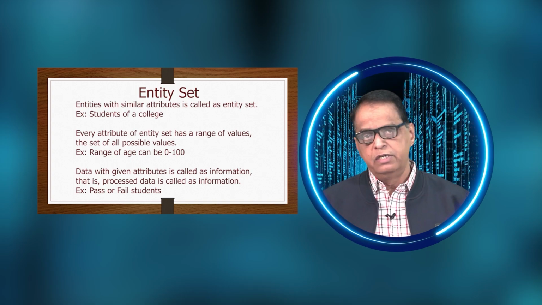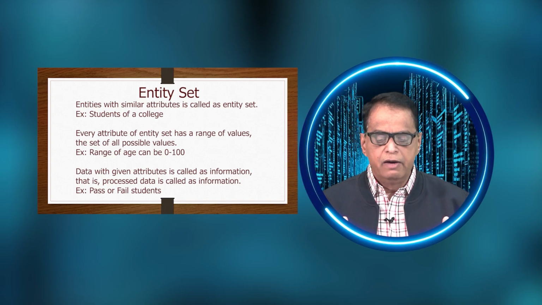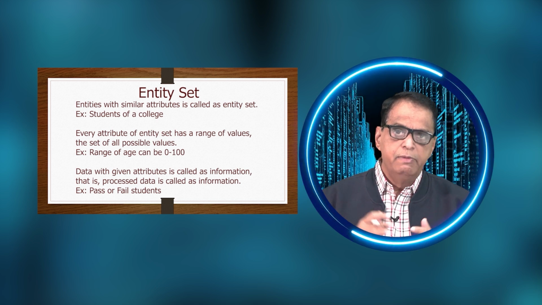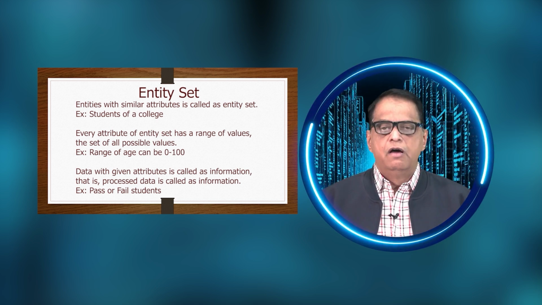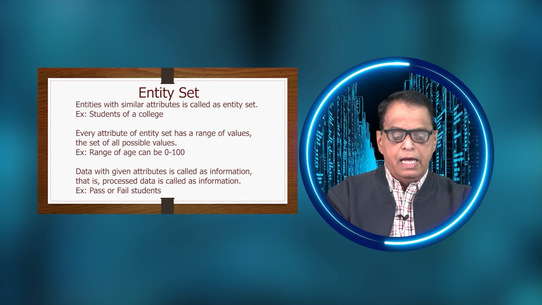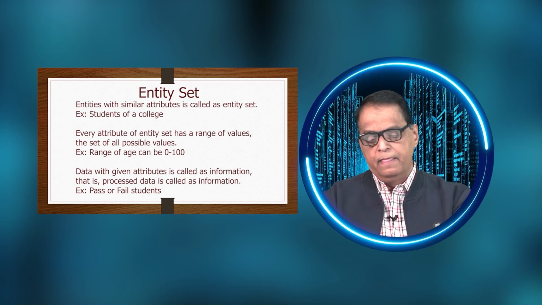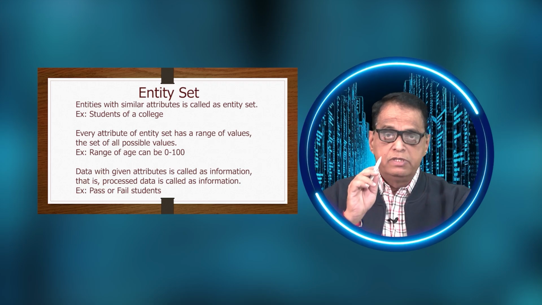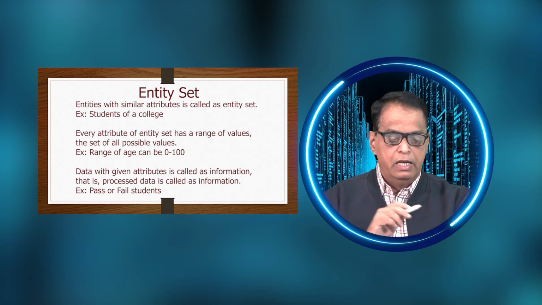The students in a college will have similar values or similar attributes, and therefore they are treated similarly, and such a set of data elements is called an entity set. So an entity set is a set of data elements that have similar attributes or similar values.